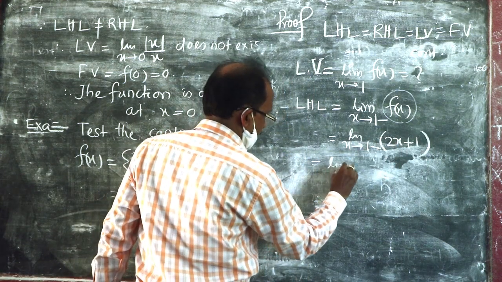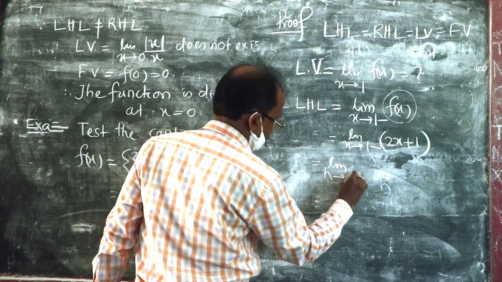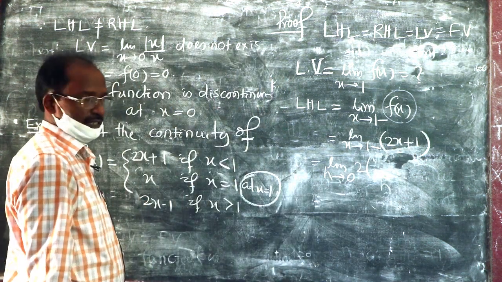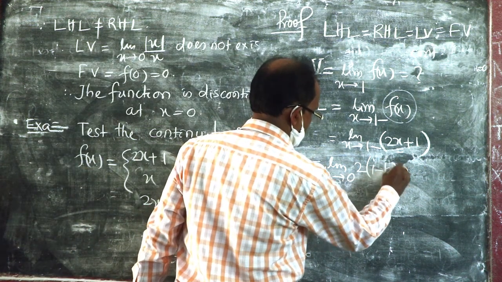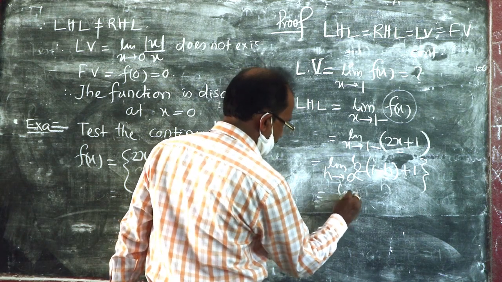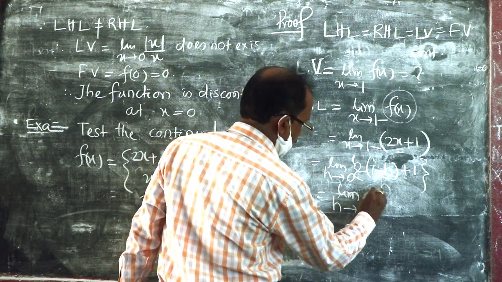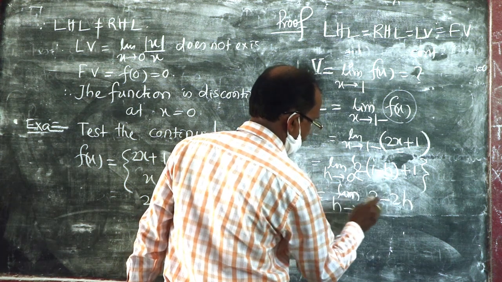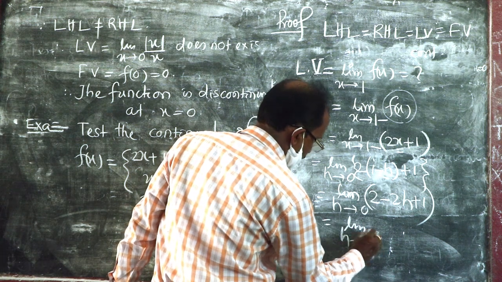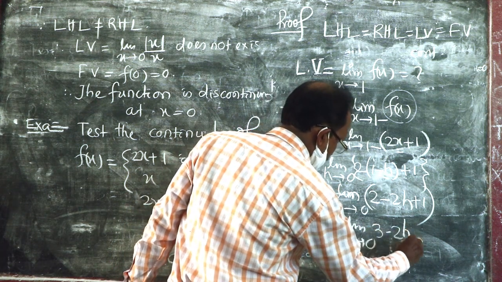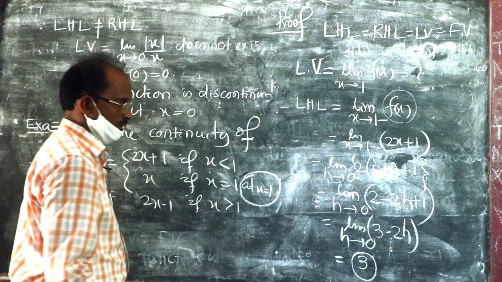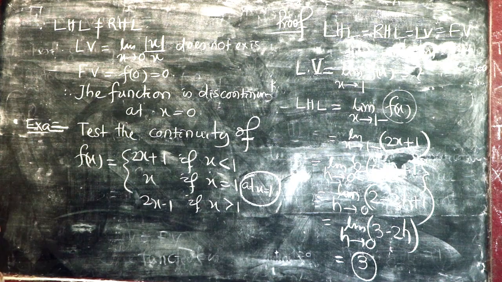Changing the limit, h tends to 0, which can be written as 2 into (1 minus h) plus 1, that is limit h tends to 0 of 2 minus 2h plus 1, that is limit h tends to 0 of 3 minus 2h, which is equal to 3. Putting h as 0, we shall get the left hand limit as 3.